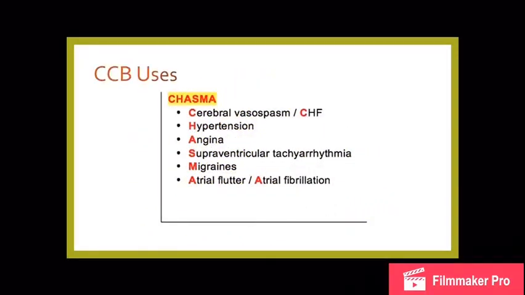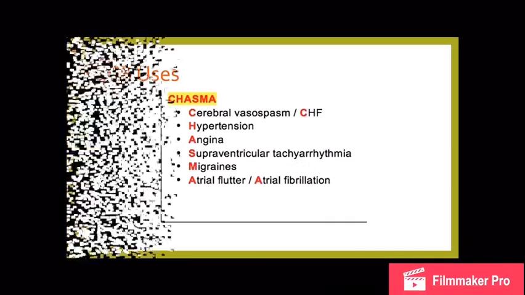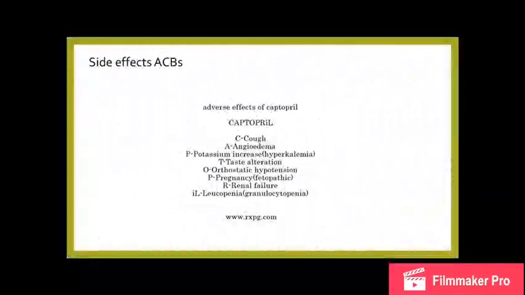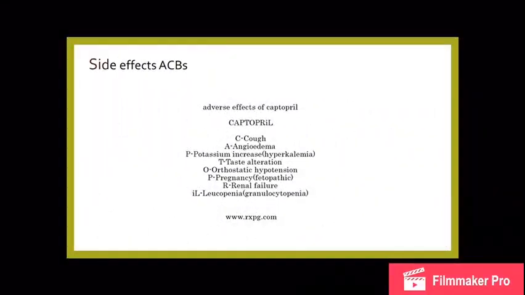And next, the calcium channel blocker uses. There are 6 uses. And next, the side effects of ACEIs. You can use the word captopril to remember those. And guys, there's one exception in ARBs.